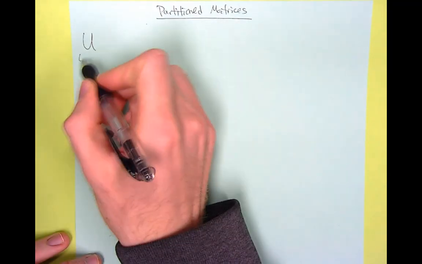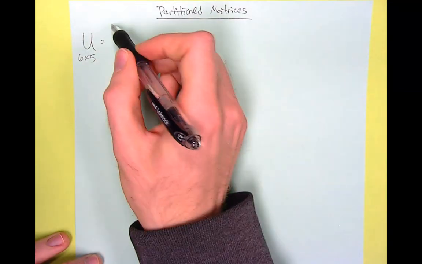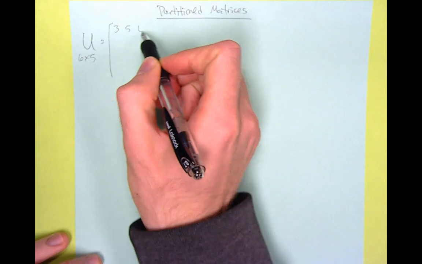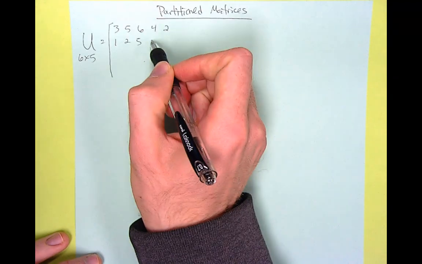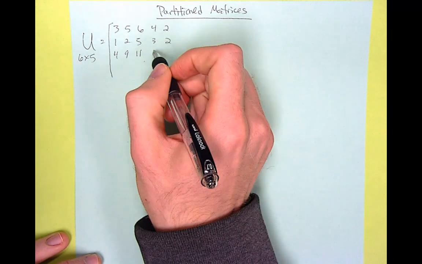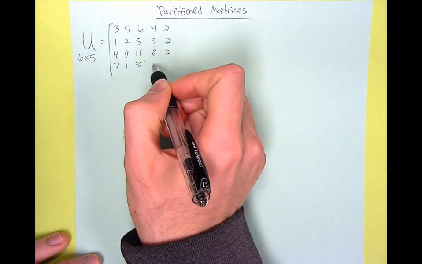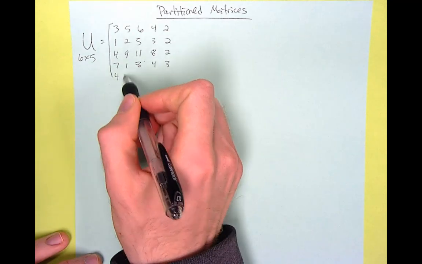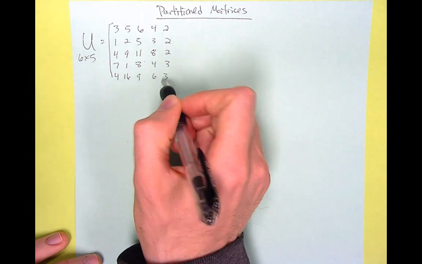And let's have it be a 6 by 5, which is a pretty large matrix, especially by hand. So let's give it the values going across: 3, 5, 6, 4, 2, 1, 2, 5, 3, 2, 4, 9, 11, 8, 2, 7, 1, 8, 4, 3, and on the last row, 4, 16, 9, 6, 3.